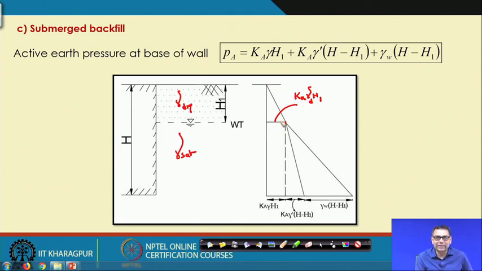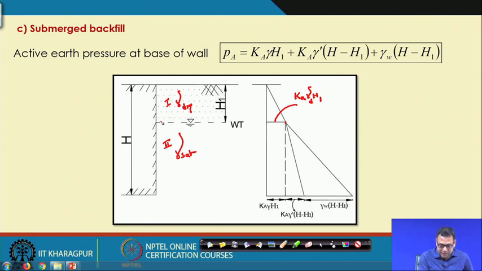The weight of the soil will act as a surcharge. If I take two different layers, one layer and another layer, for the first layer this is the earth pressure. Now on the second layer, the first layer's load will act as a surcharge, and that surcharge is gamma d into h 1.